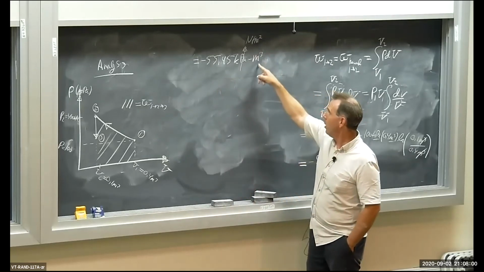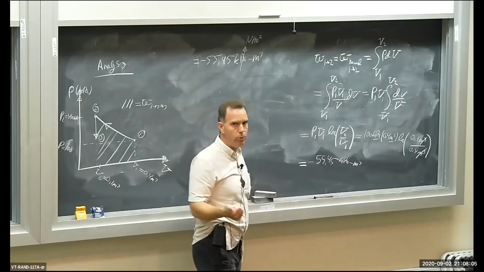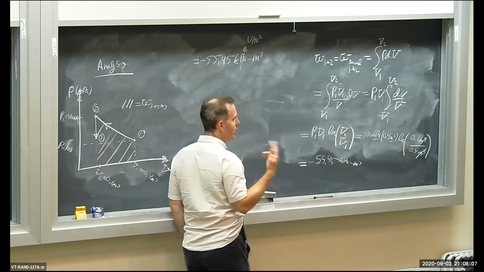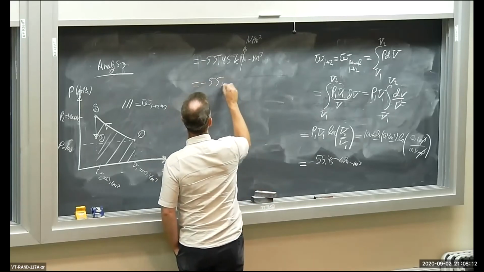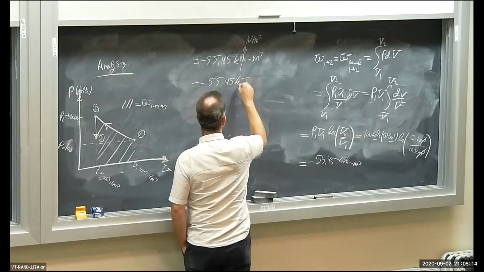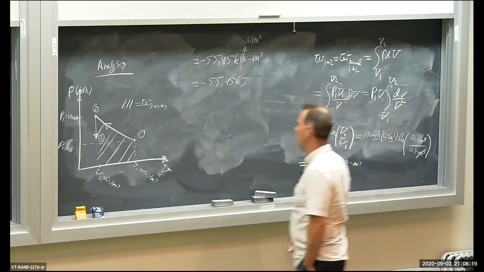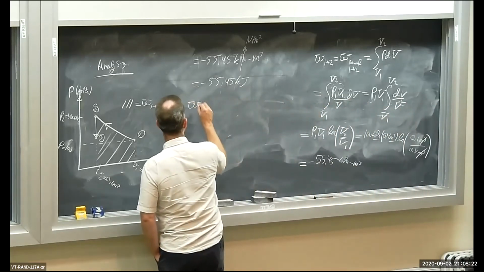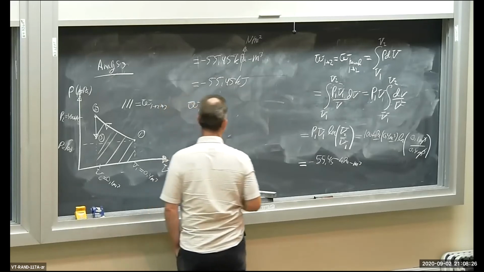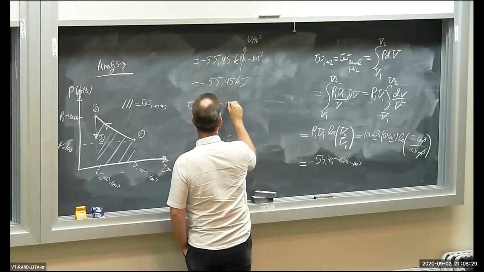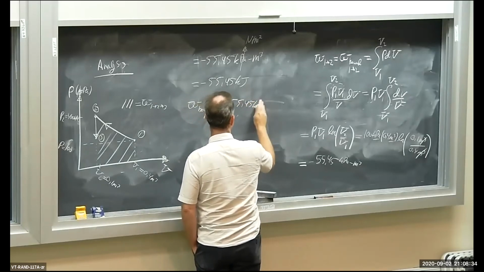The meter squared partially cancels out with the meter cubed, leaving one meter, and I get Newton times a meter, which is a joule. So this is equal to negative 55.45 kilojoules. Boundary work done by the system is negative 55.45 kilojoules.